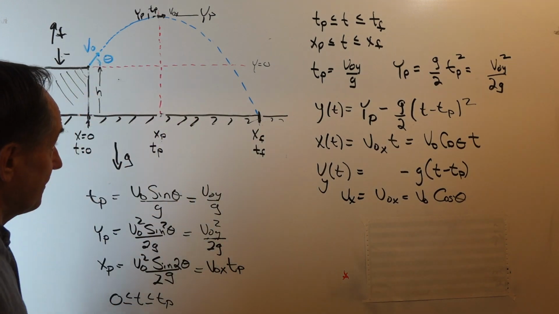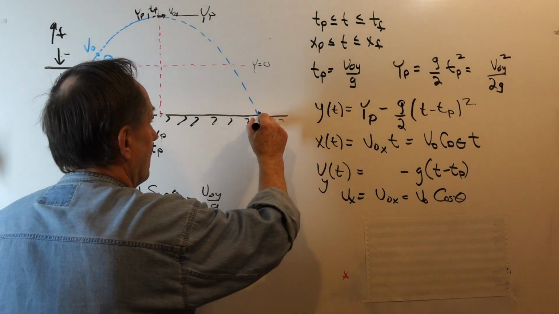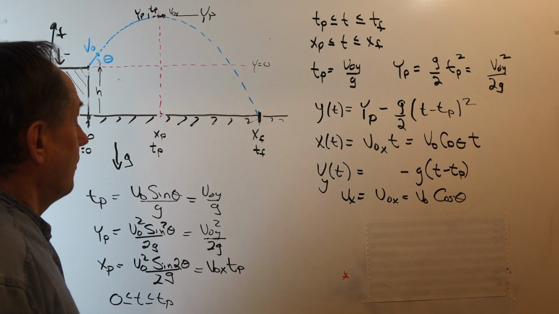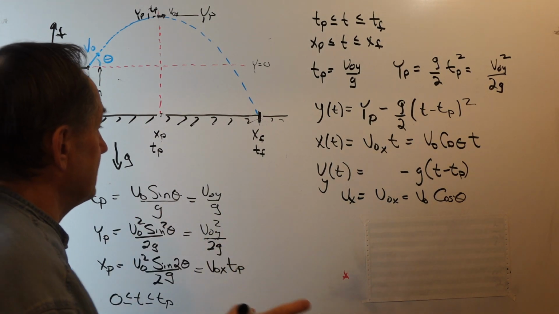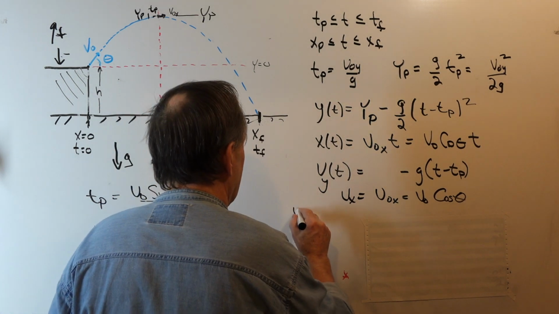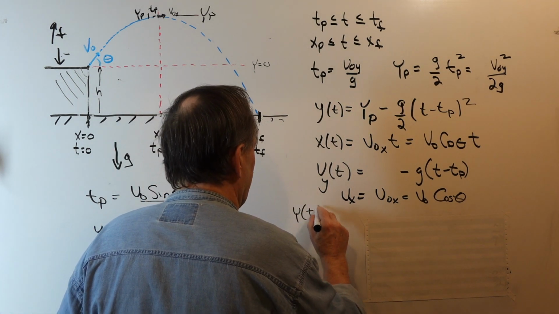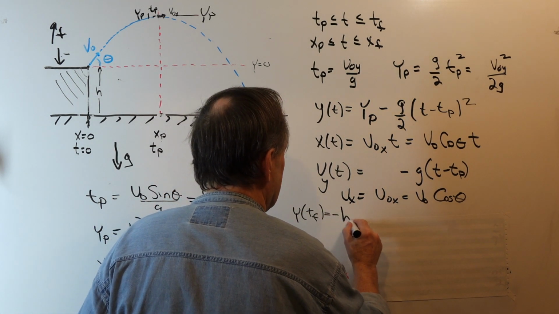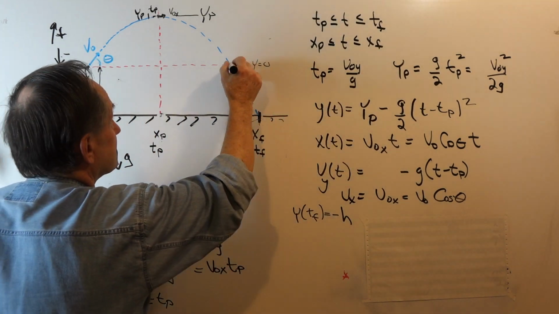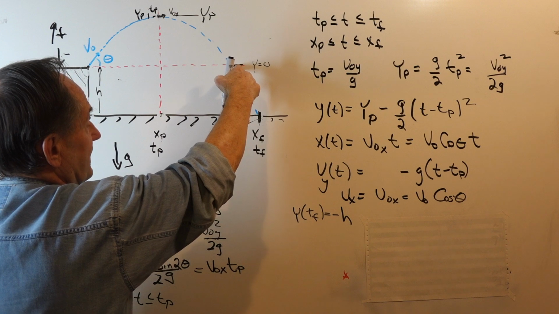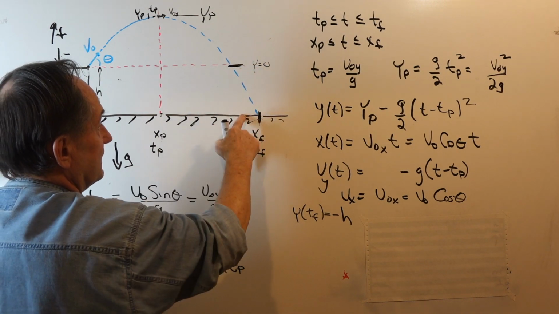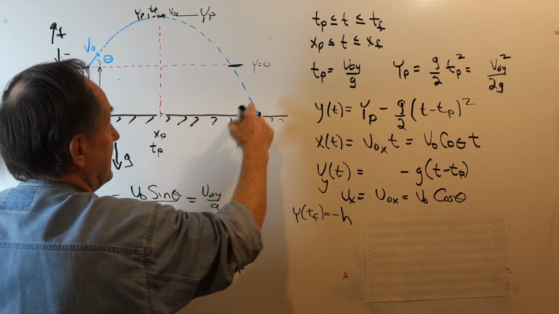Now, when the projectile hits the ground, what happens? Well, we know the final vertical position in that case. Y at the final time is going to be minus h. Remember, here's our reference. This is y equals 0. The distance from here to here, the height of the building to the base, is h.